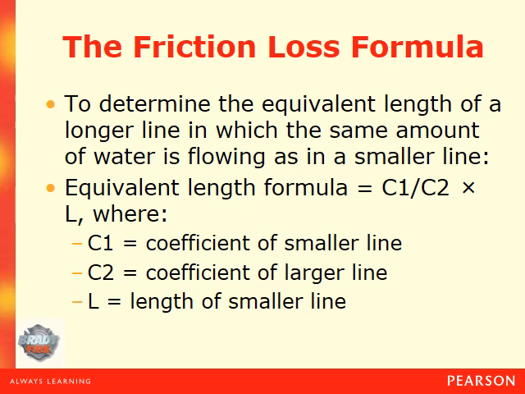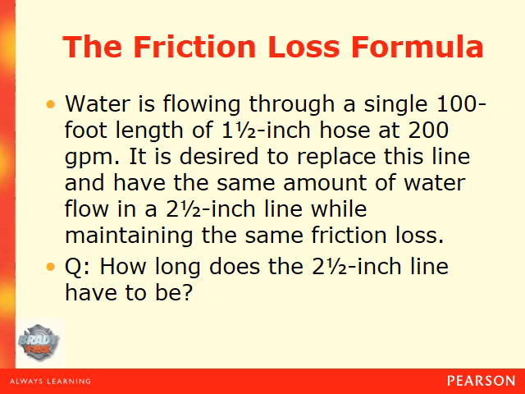To determine the equivalent length of a longer line in which the same amount of water is flowing as in a smaller line, the equivalent length formula is this: coefficient 1 divided by coefficient 2, the larger line, times L, which is the length of the smaller line. So, here's our problem.